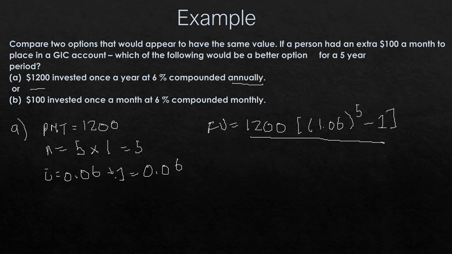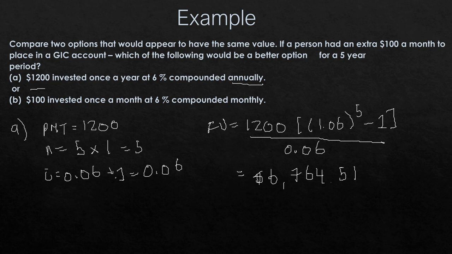So I'm going to plug this into my calculator and I get $6,764.51. If you're having problems calculating this, you can always talk to your teacher. We can show you how to plug this into your calculator all at once. But at this level, you should be able to do this in your calculator.